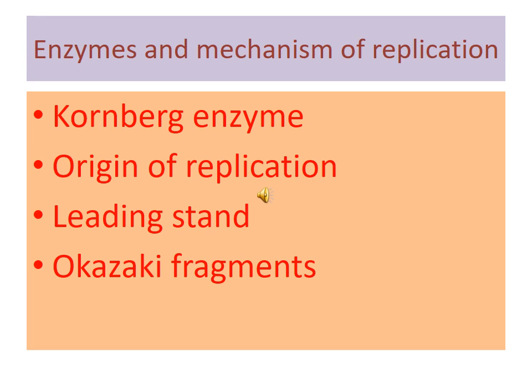The initiation site is called the origin of replication. Next, the strand where replication is continuous is called the leading strand. The strand where replication is discontinuous is called the lagging strand.